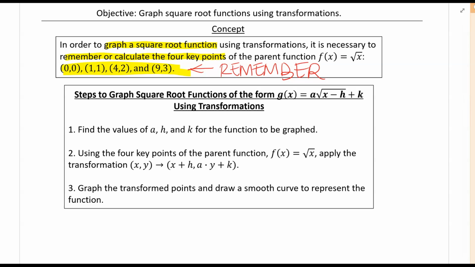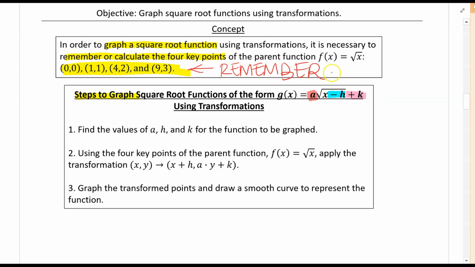All right, so for the steps here, steps to graph the square root functions, you need to know the parent function because you need to know where A is at. You need to know where H is at. So A, I'm going to stick to red. H, I'm going to use blue. And then K, I'll be using pink.